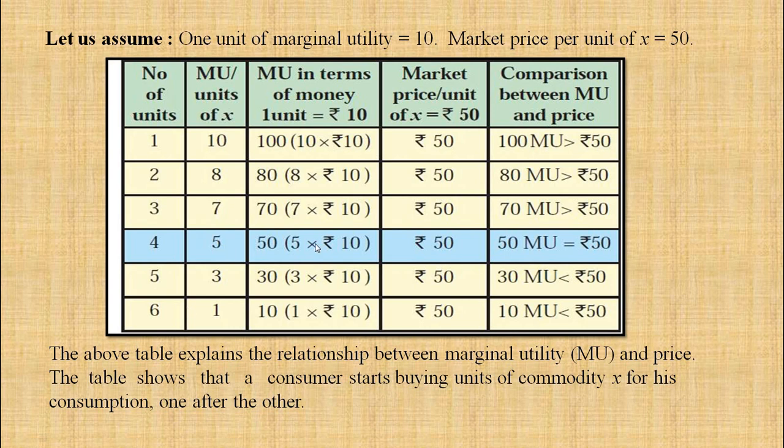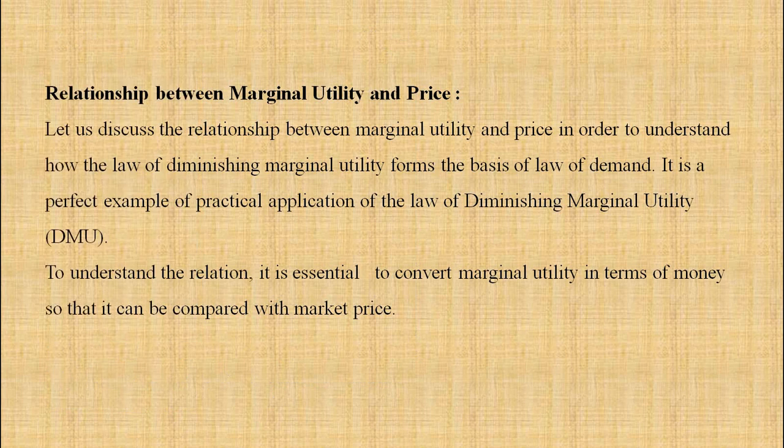So at the price where marginal utility and price become equal, that is what I said, consumer's equilibrium is here. And these are what are called extra-marginal units, where marginal utility is less than the price the consumer pays. So this is the relationship between marginal utility and price.